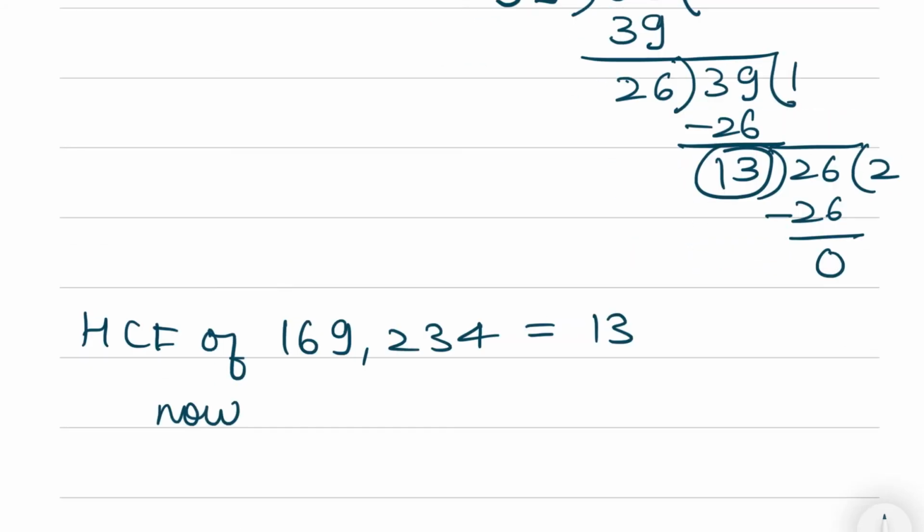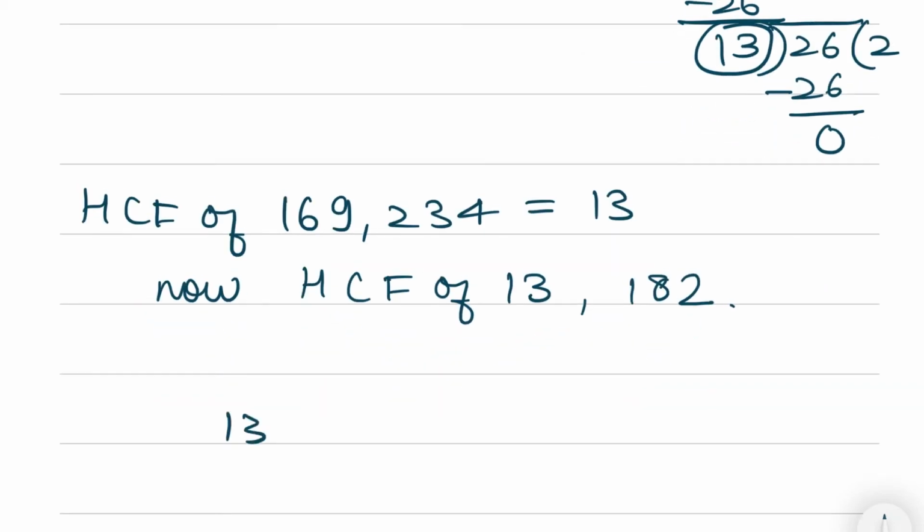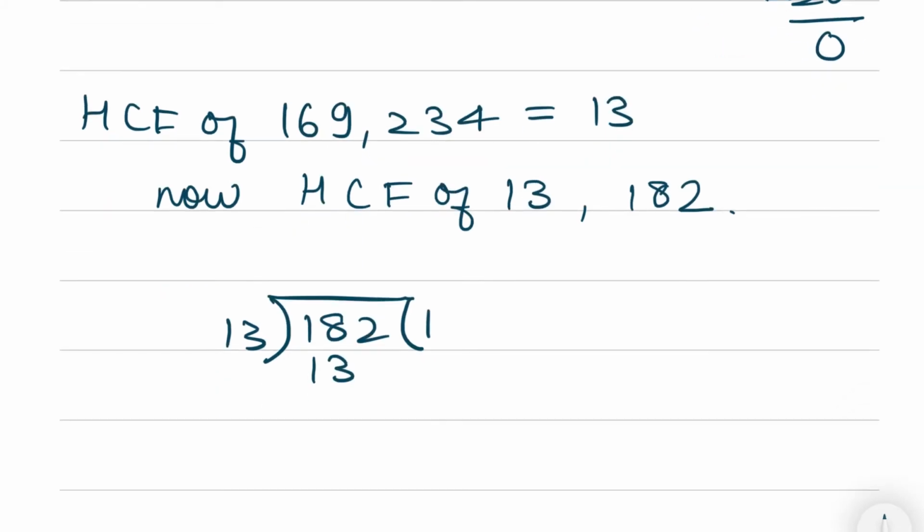Now we need to find the HCF of 13 and the third number, 182. So the smaller number is the divisor, the larger number is the dividend. So we get 1 time 13 and 52.